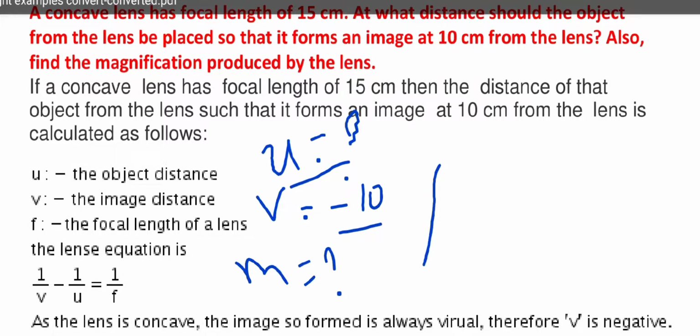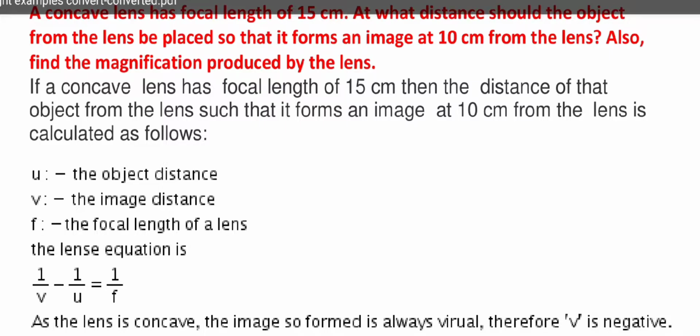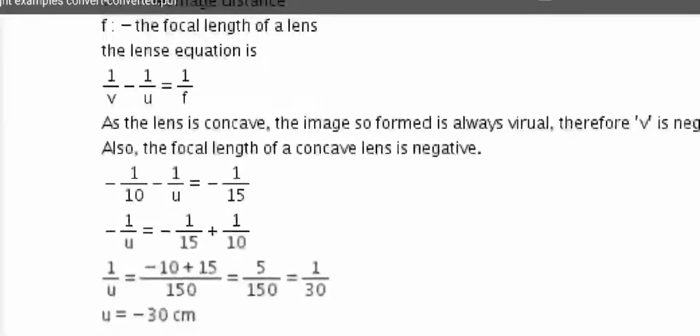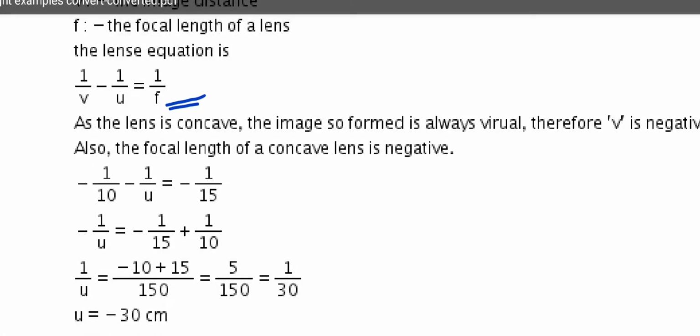Using the lens formula, we have 1 by f is equal to 1 by v minus 1 by u. So here is the formula. We know v is minus 10. So 1 by minus 10 minus 1 by u is equal to the focal length, which we know is minus 15, because it is a concave lens. In the case of a concave lens and a concave mirror, the focal length is always negative.